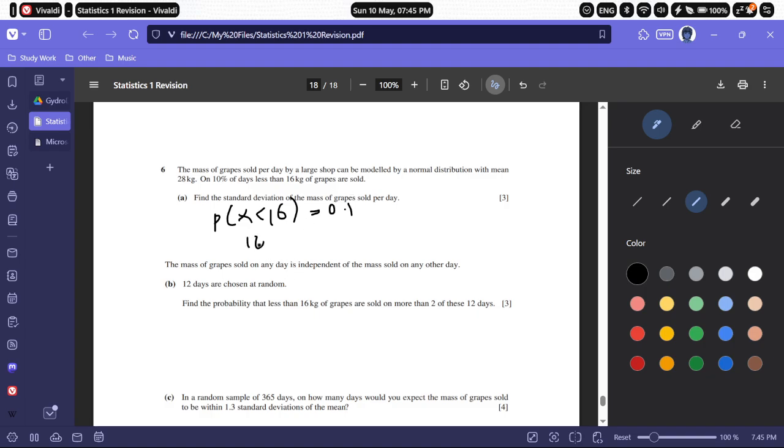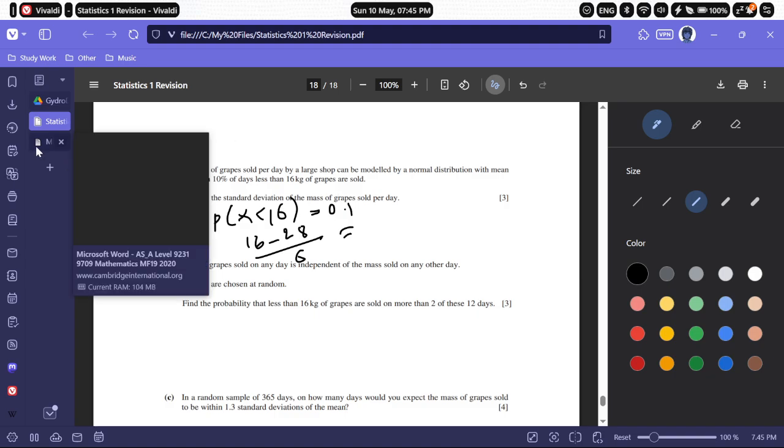Then 16 minus the mean, which is 28, over the standard deviation, and this thing on the left side is just your z value. Now you just have to find the z value for 0.1.